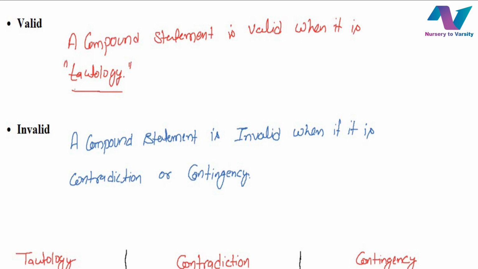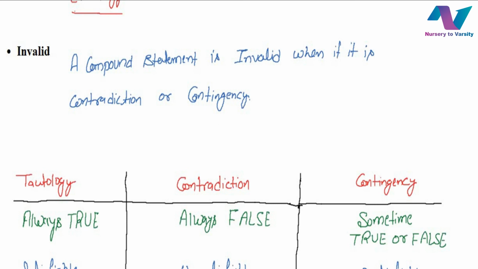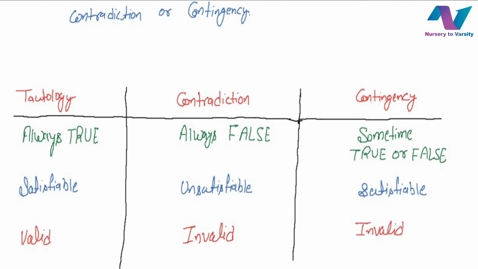And if we draw a table between tautology, contradiction and contingency, what we find is that tautology is always true, but in contradiction the last column of the truth table is always false. In contingency we are talking about both true and false values.